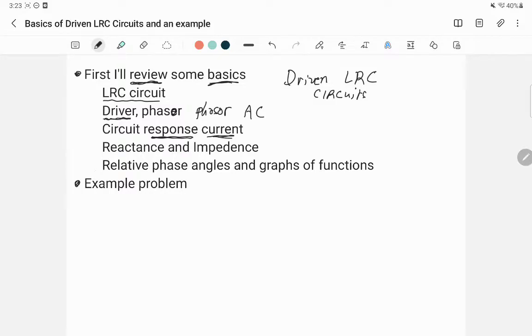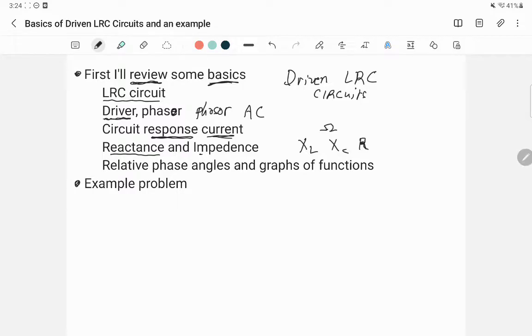While I'm reviewing, we're going to talk about various reactances, symbolized by capital X. There's an inductive reactance and a capacitive reactance, and in a sense there's also a resistive reactance, which is really simple: it's just the value of the resistance, R. All of the reactances have the SI unit of resistance, the ohm.